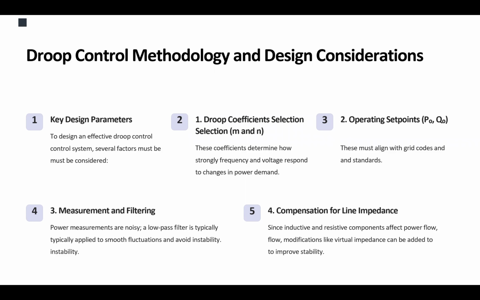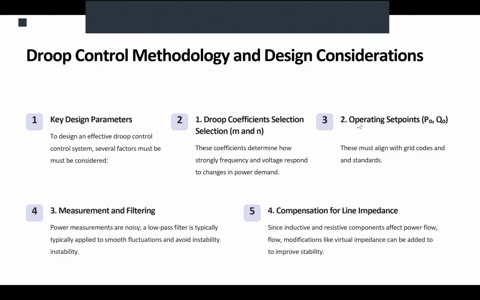Is it going to be in a transmission setting? Is it going to be a microgrid, not connected to the actual grid? All those things would change the setting. They are in the standards, so you don't need to figure out those settings, but you have to know which one would apply to your situation. So choosing the appropriate settings is the next thing that you have to have in mind.